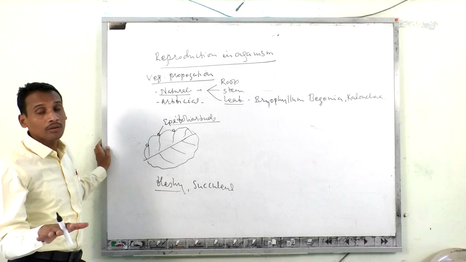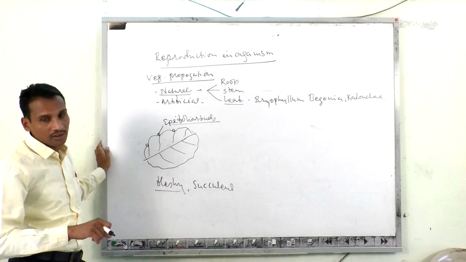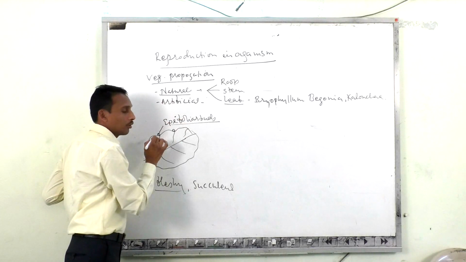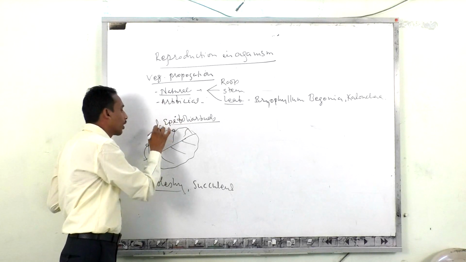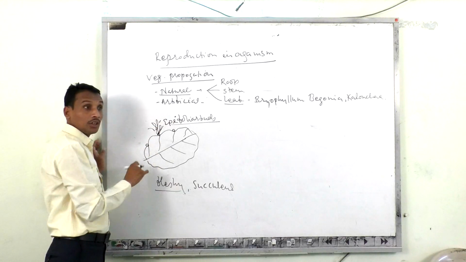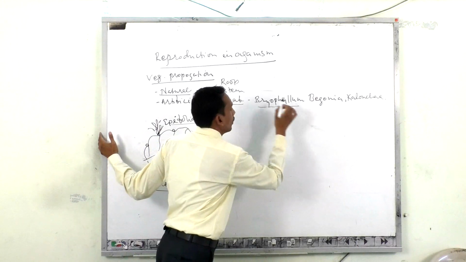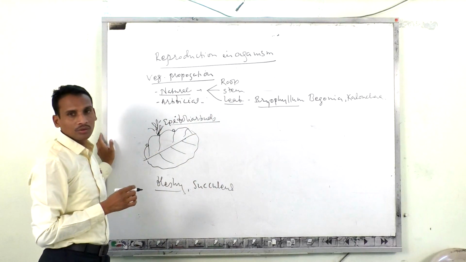But whenever the leaf falls on the soil, these epifoliar buds become active and propagate into new individuals.